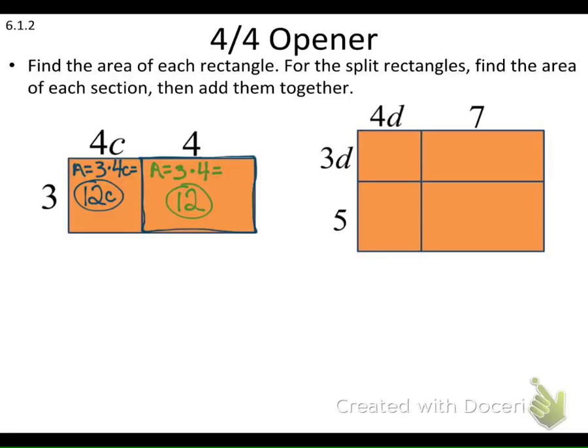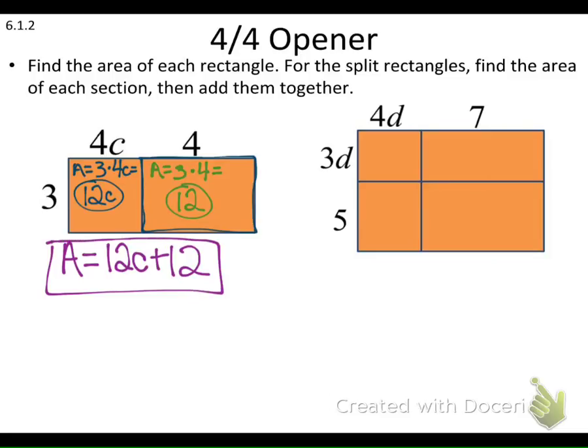So bringing it down, for my overall area, I'm going to put 12C plus what? 12. And then do I leave it like that? Yes, because they're not combining like terms. They're not like terms. Very good. Awesome job, Rihanna.